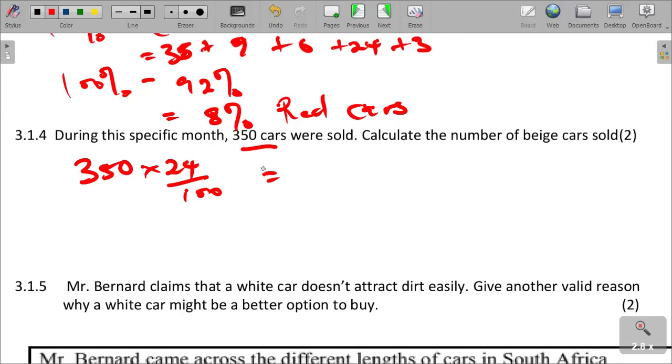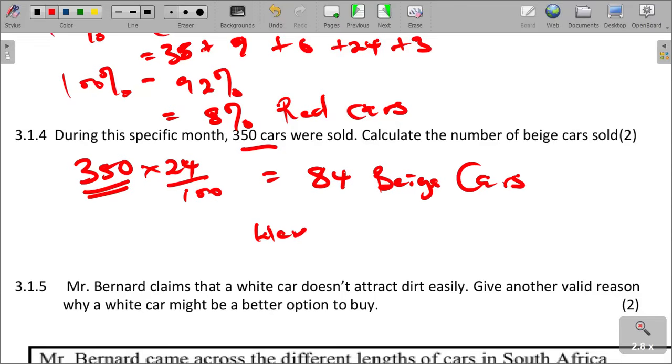What we are basically saying is 350 cars were sold, but 24% of them were beige. So we want to calculate 24% of 350, which we get by multiplying. We get 84 beige cars were sold.